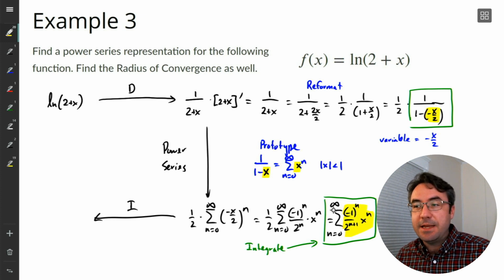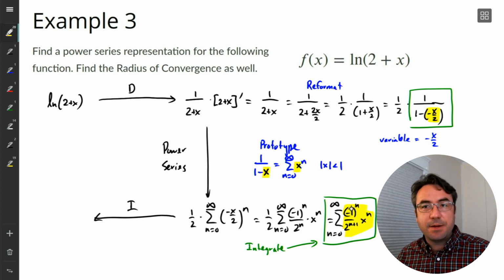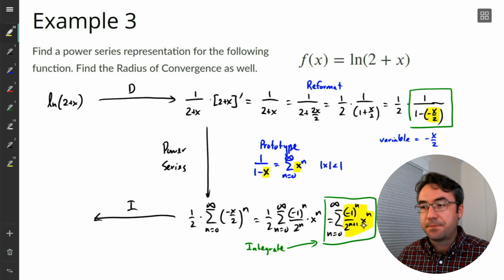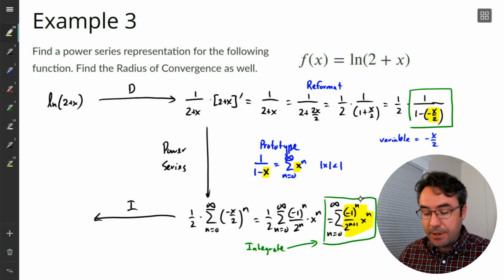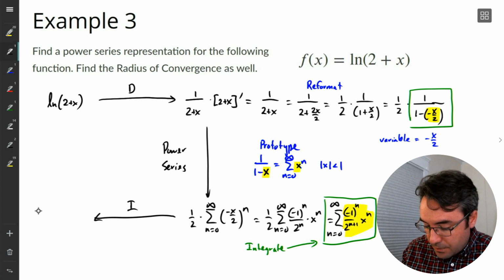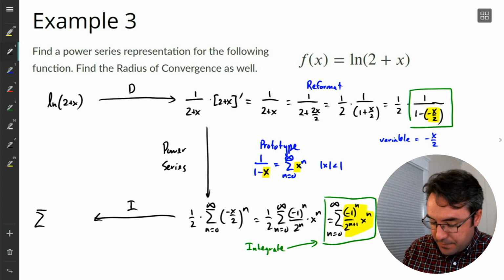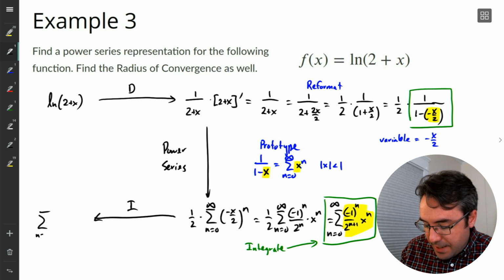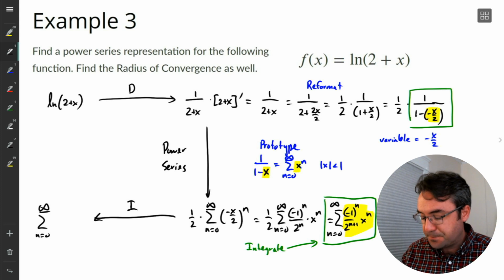If we're looking inside the summation here, we're thinking of n as just a fixed number. It's our index. x is our variable. So x to the n is what we're going to integrate. When we do this, we're going to have the sum from n equals 0 to infinity.